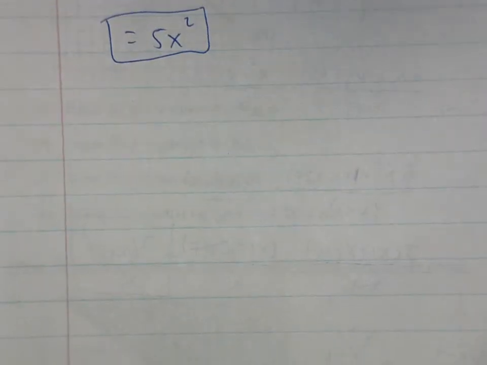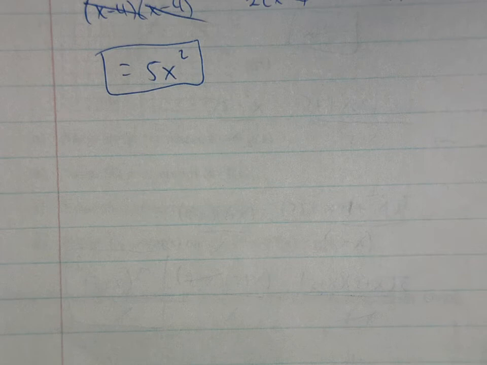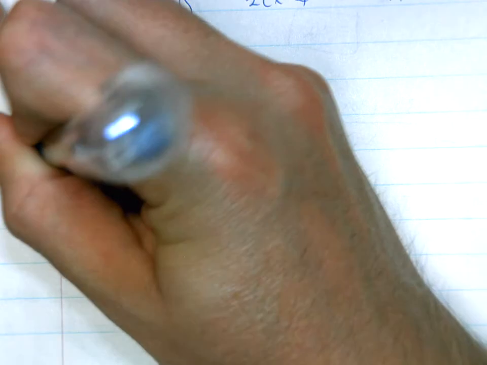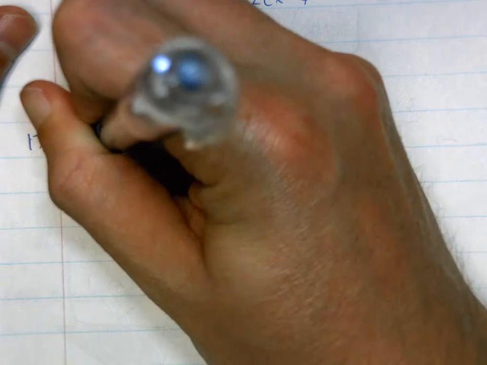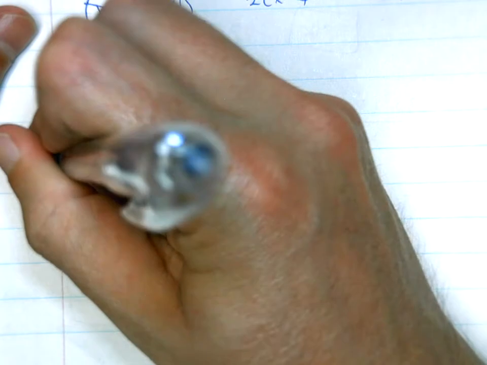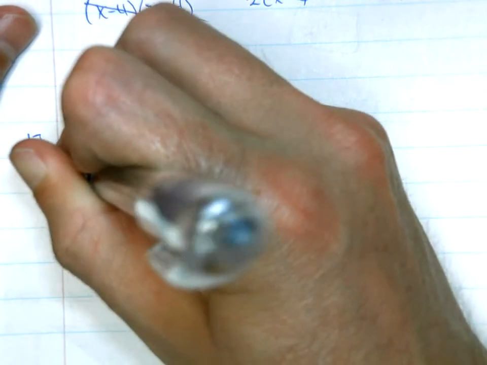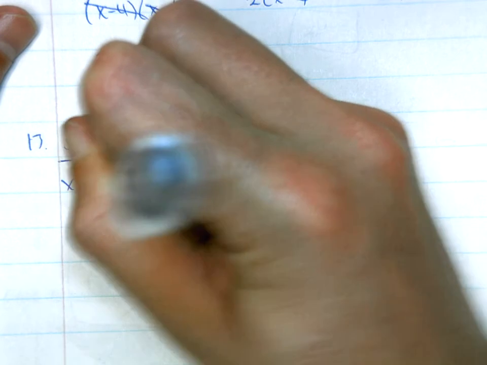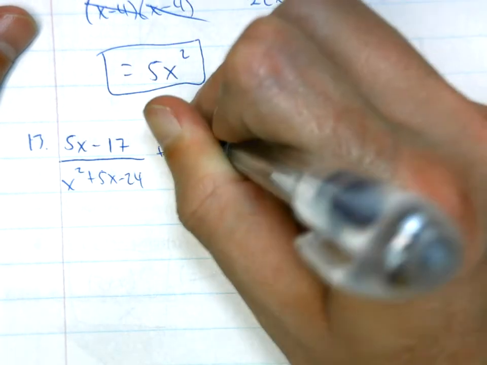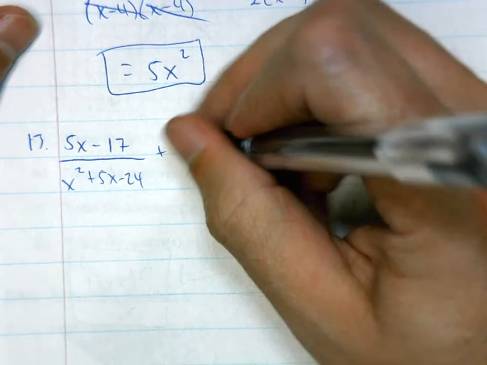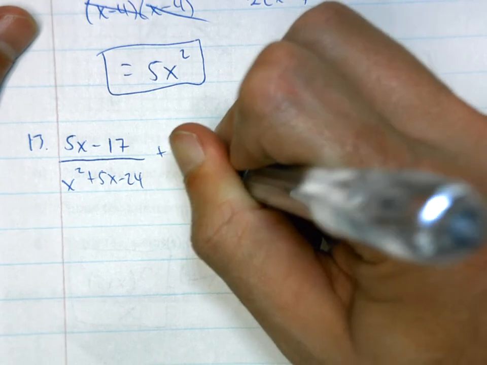Alright, that's the first page. Next page, number 13. 5x minus 17 over x squared plus 5x minus 24 plus 2 over x squared plus 5x minus 24.